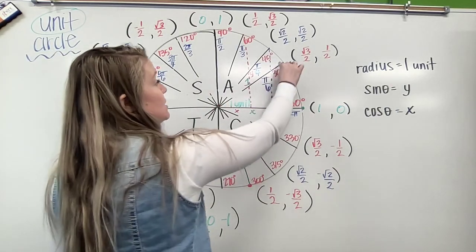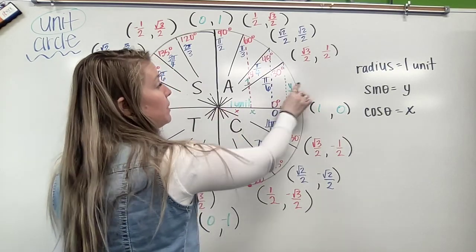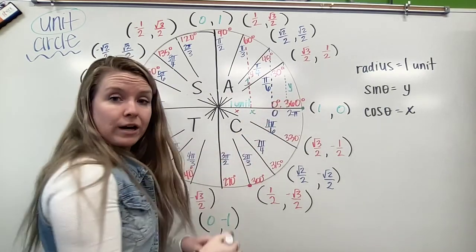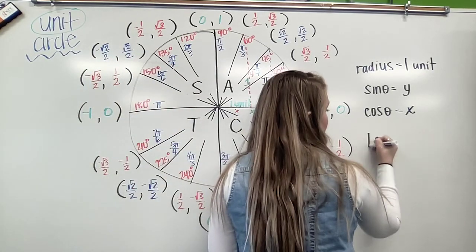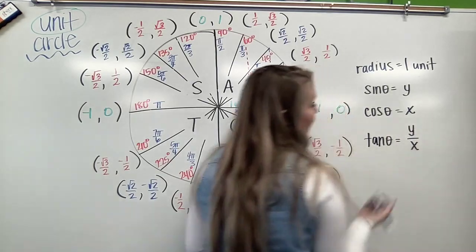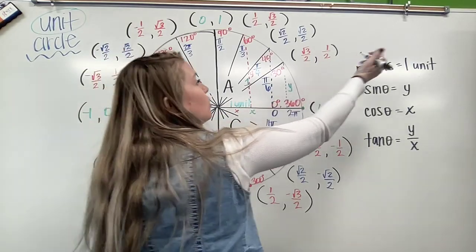If we look at this triangle at my 30 degrees, tangent is going to be built by opposite over adjacent, which is y over x. So I'm going to put that here. The tangent of theta is y over x. So we're going to build that ratio. I'm going to take y, put it over x.